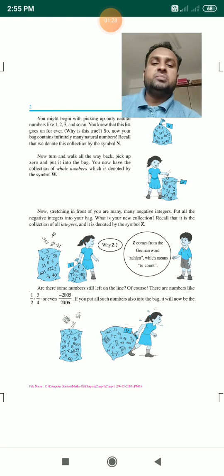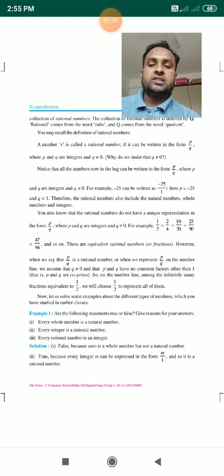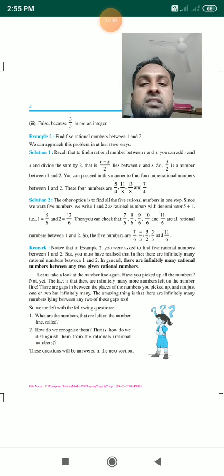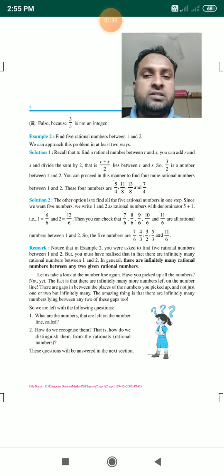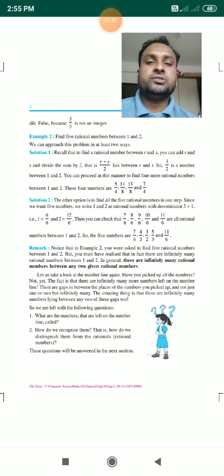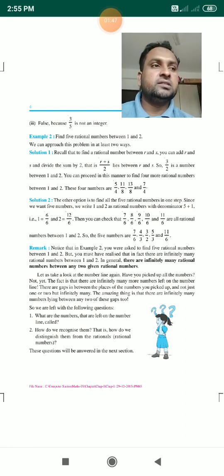Then how to represent these irrational numbers on the number line? Then the next concept: how to find rational numbers between two given rational numbers. I taught two methods. One is the mean method and one is the equivalent fraction method.